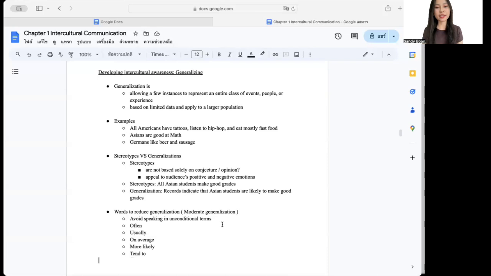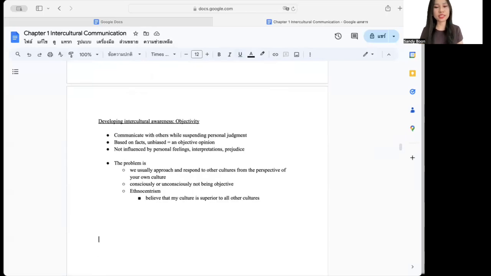Unconditional terms are like totally, absolutely, always, and all those words. But you can use words instead like often, usually, on average, more likely, tend to. So, for example, before we might say that all Americans eat junk food. You might say that based on the facts, Americans are more likely to eat junk food than healthy food. You can reduce generalization by using a better word.